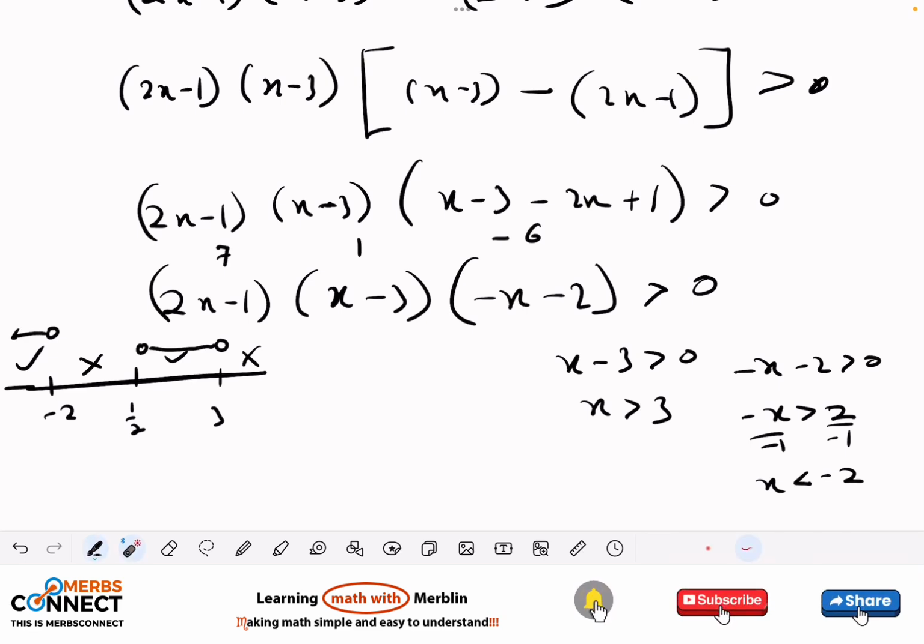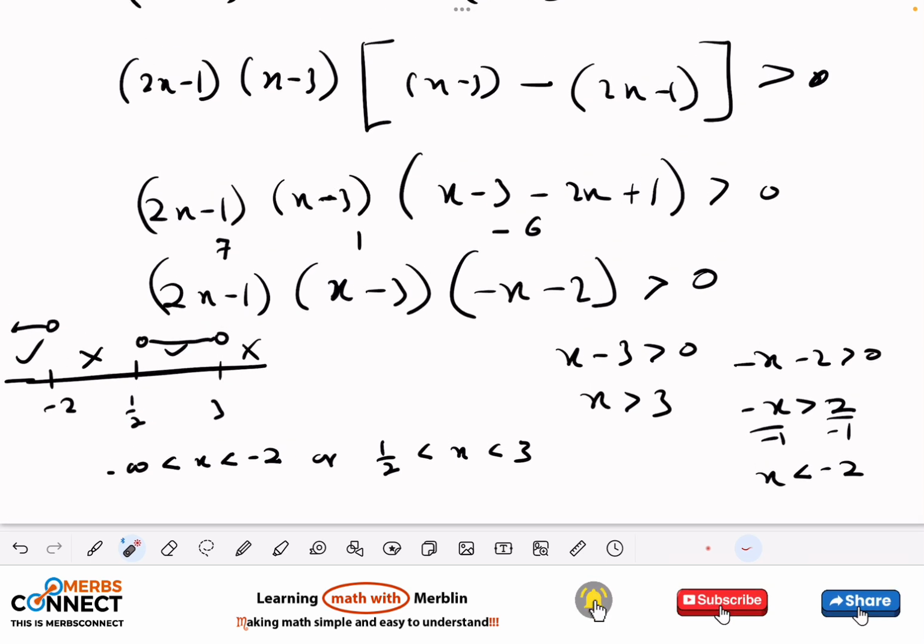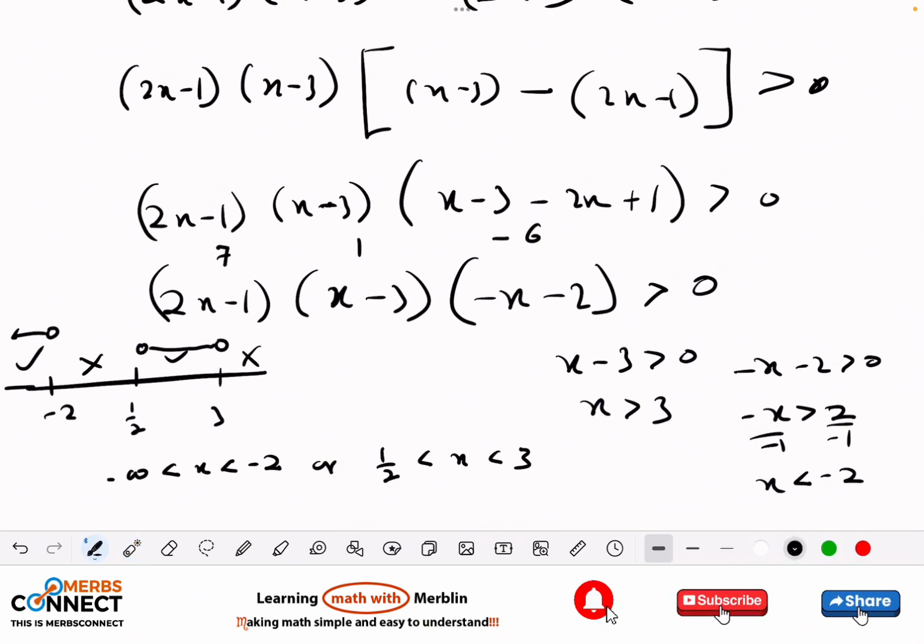So this will be the interval: minus infinity less than x less than minus 2, or 1 over 2 less than x less than 3. So that is the interval that I've done here. When you want to write it the other way, this will be minus infinity comma minus 2, union 1 over 2 comma 3.